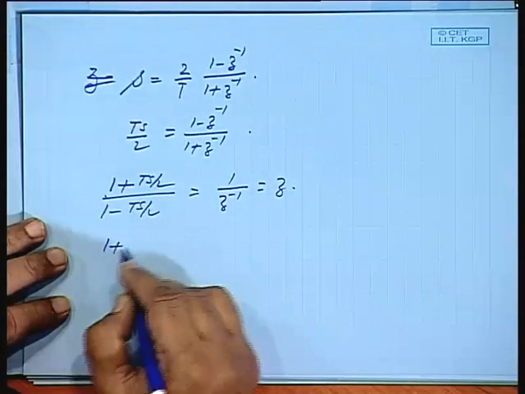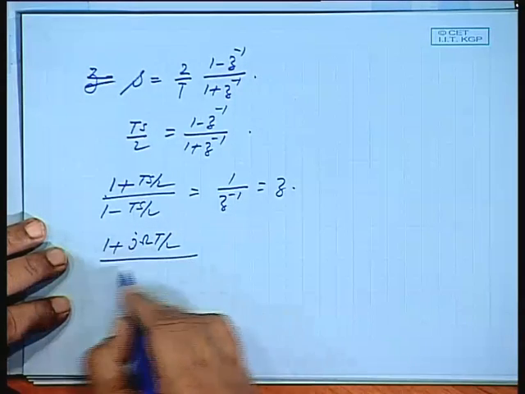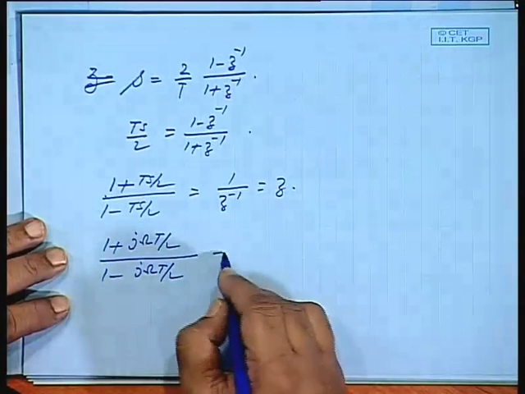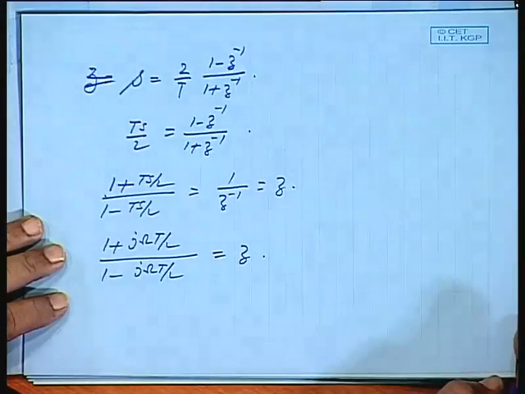So, it is (1 plus j omega T by 2) by (1 minus j omega T by 2), which gives me z. When I make the substitution s equal to j omega, I will get the corresponding mapping in the z plane.